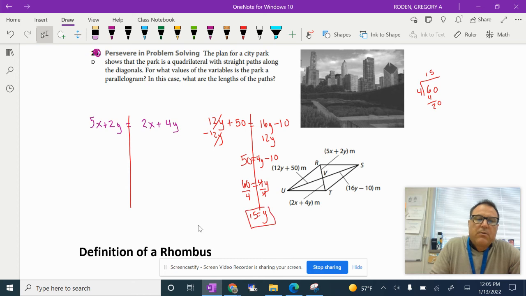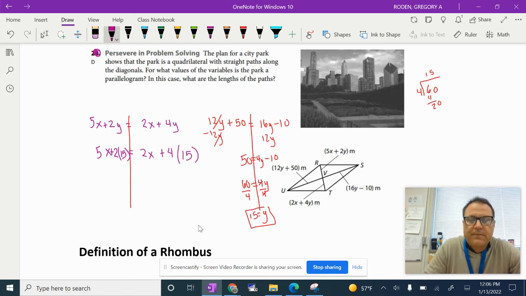All right, now that I know y equals 15, I can go through and put 15 in for this y over here and solve for x. So now in this purple equation, I can say 5x plus 2 times 15 equals 2x plus 4 times 15. Just replacing the y with 15.